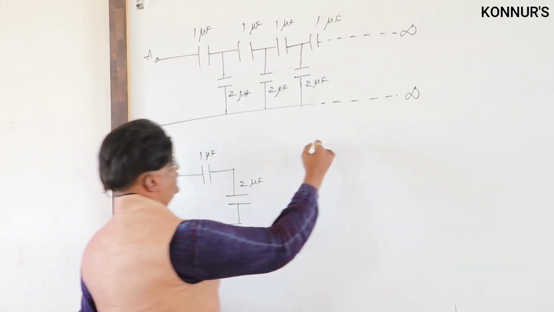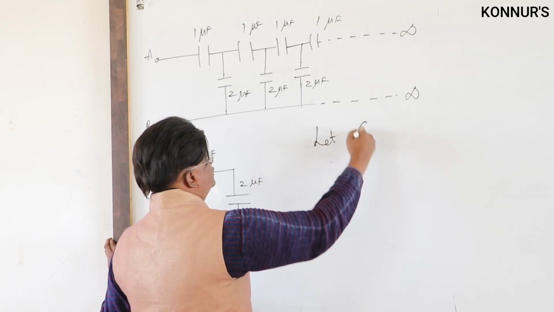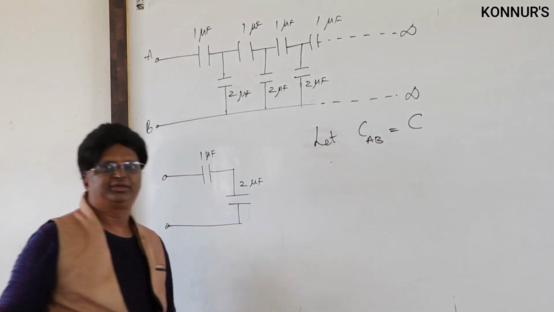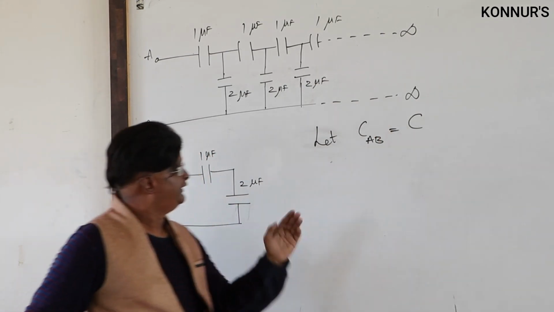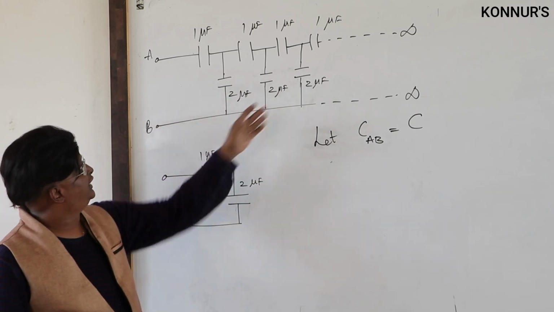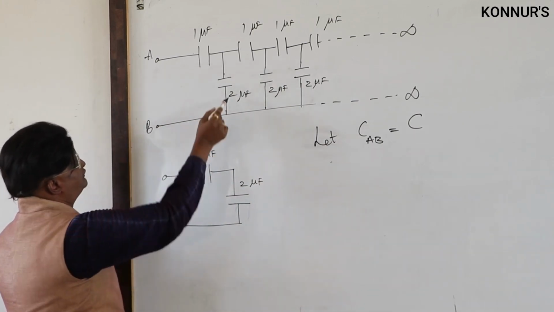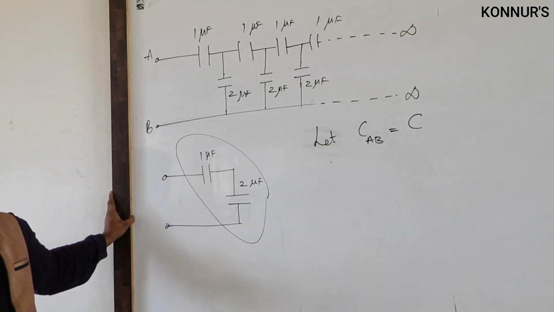Let us suppose the effective capacity across AB is C, some number I have taken. Let C AB be C. Now, in this infinite ladder, I can take this 1 microfarad and 2 microfarad as one unit. This is 1 unit of a ladder.